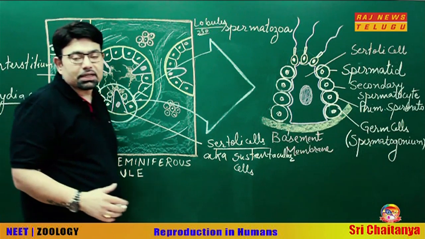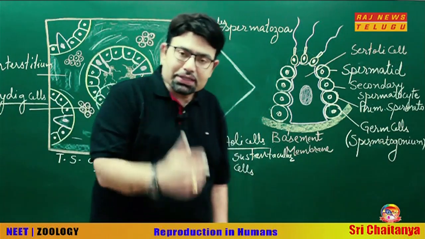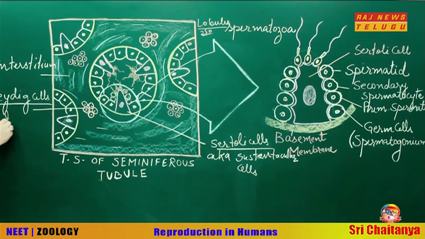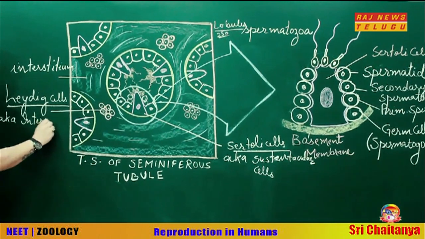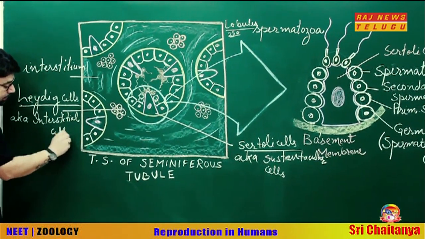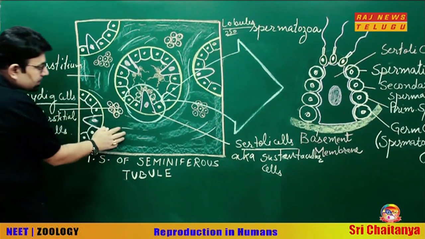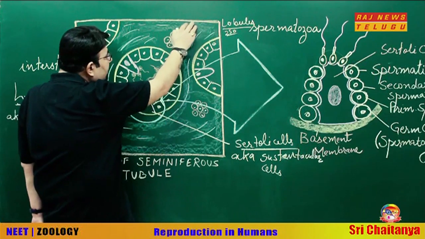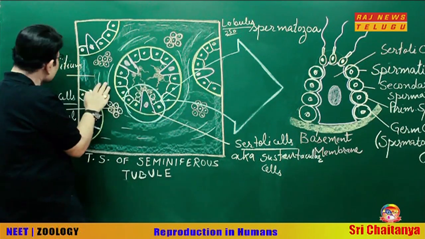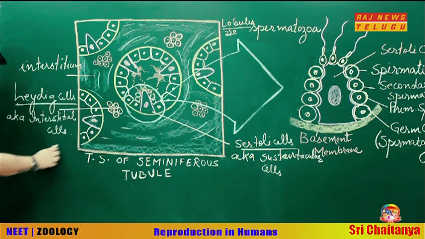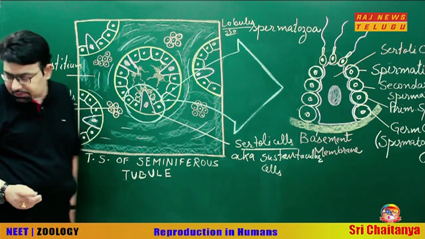As they are present in the interstitium, they are also called the interstitial cells. So Leydig cells are also known as the interstitial cells. Why? Because they are present in the interstitium. This ground tissue, this ground connective tissue, this is all the interstitium. And these cells present in the interstitium, we can also call them interstitial cell.